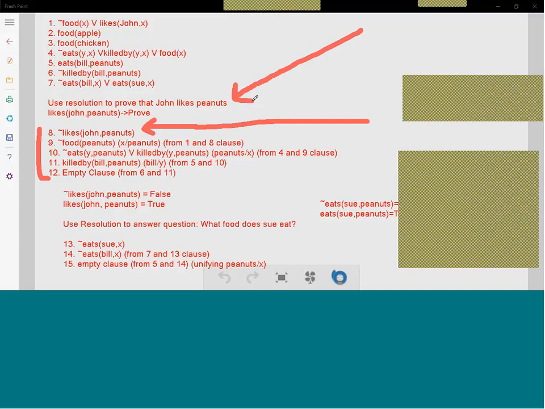After getting the complement form, the last thing is the empty clause. Empty means true, our question is the truth. If you are not getting the empty clause, then our question was false. So this is backward chaining.